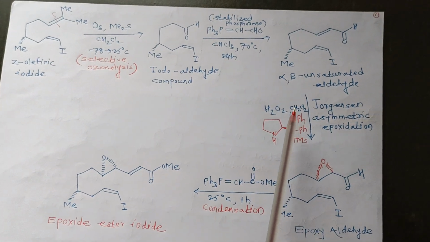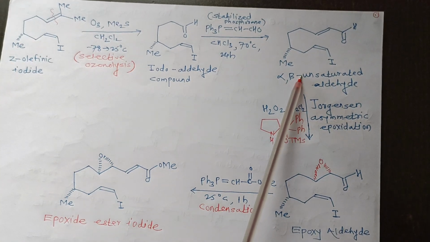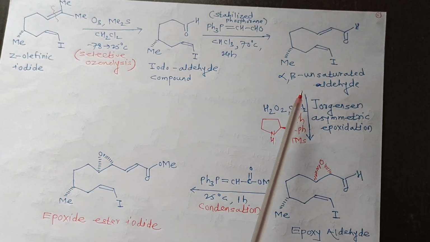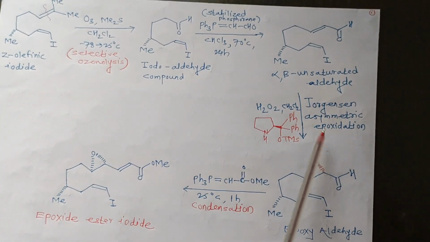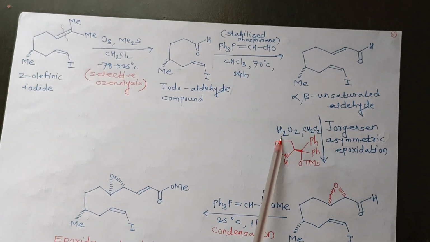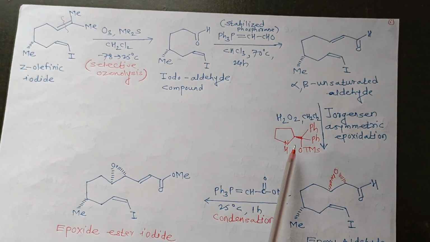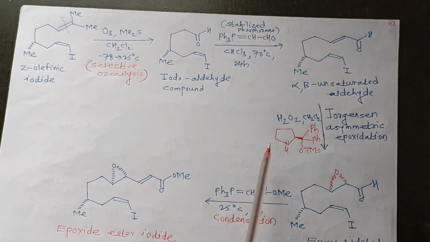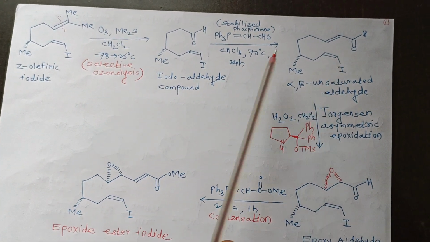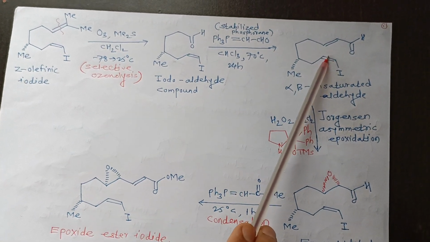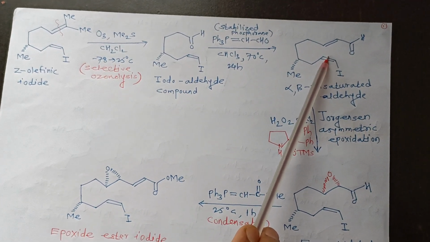Look at the next step. Here that alpha beta unsaturated carbonyl compound undergoes Jorgensen asymmetric epoxidation using hydrogen peroxide, that is H2O2, in presence of proline derived catalyst. So this is the structure of the proline derived catalyst. Here the alpha beta unsaturated carbonyl compound undergoes epoxide formation reaction.